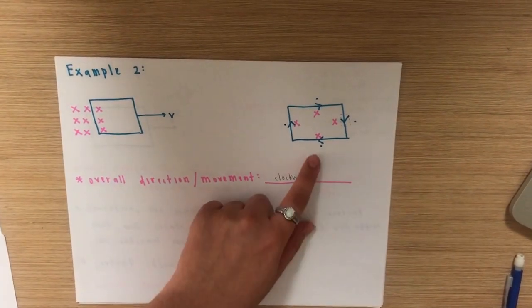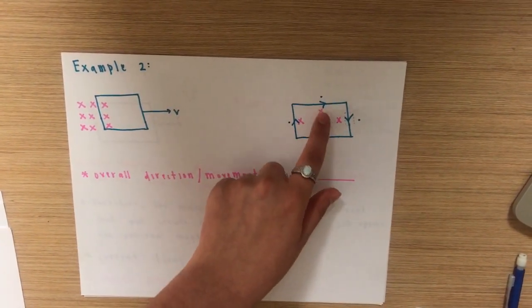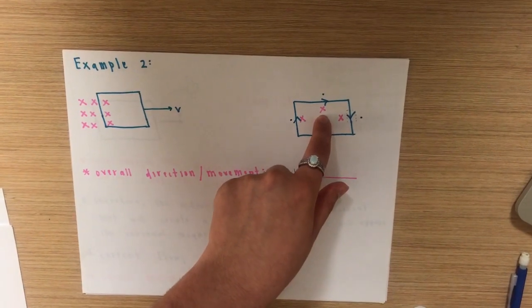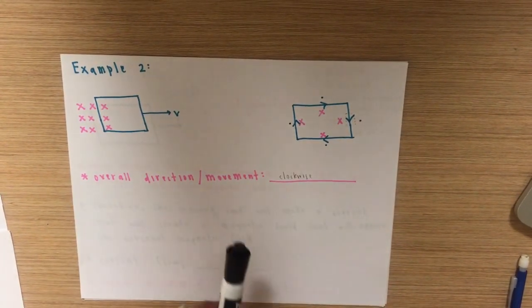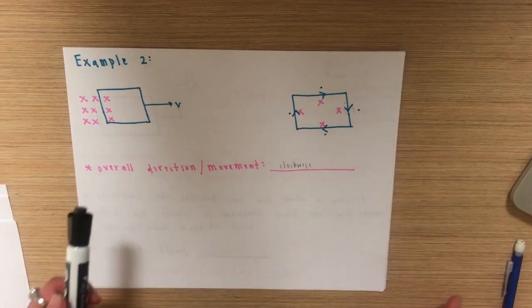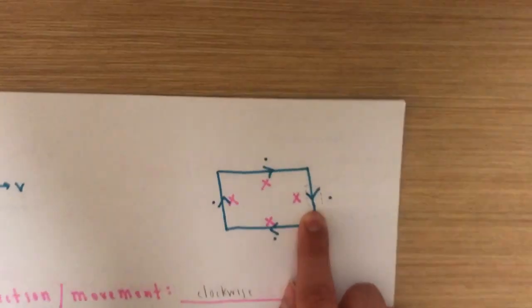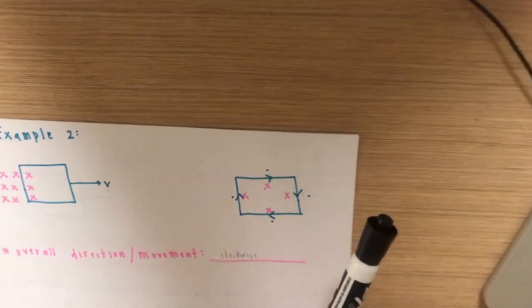Then you need these on the outside of your redraw to be opposing the x's, because you have to have that current be shown. If they were the same thing, there would be no current. So if you look at this segment right here, this is again going to be represented by the expo marker.